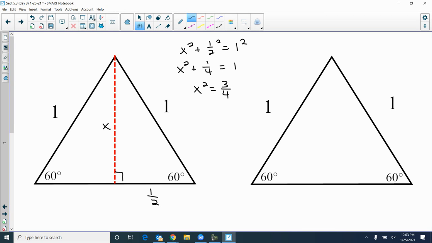Once you get x squared equals 3/4, you need to take the square root. The square root of 3/4 becomes radical 3 over 2, because the square root of 4 is 2. So that length is square root of 3 over 2.